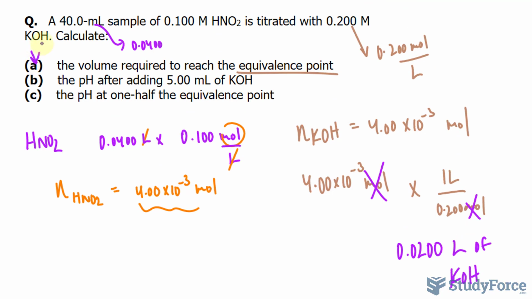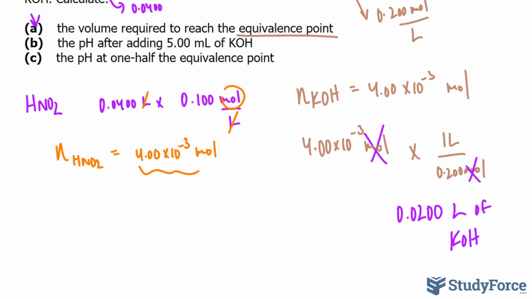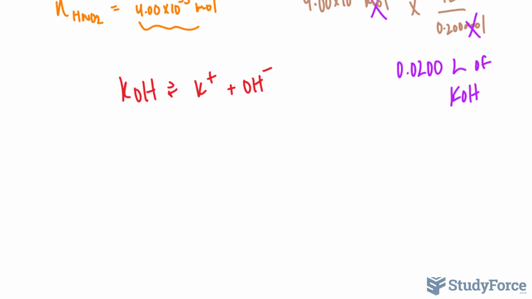Let's move on to question B, the pH after adding 5.00 milliliters of KOH. Remember that KOH completely dissociates into potassium plus OH minus. Of course, before adding KOH, there's no OH minus in the weak acid. So let's create a chart just to organize our work.